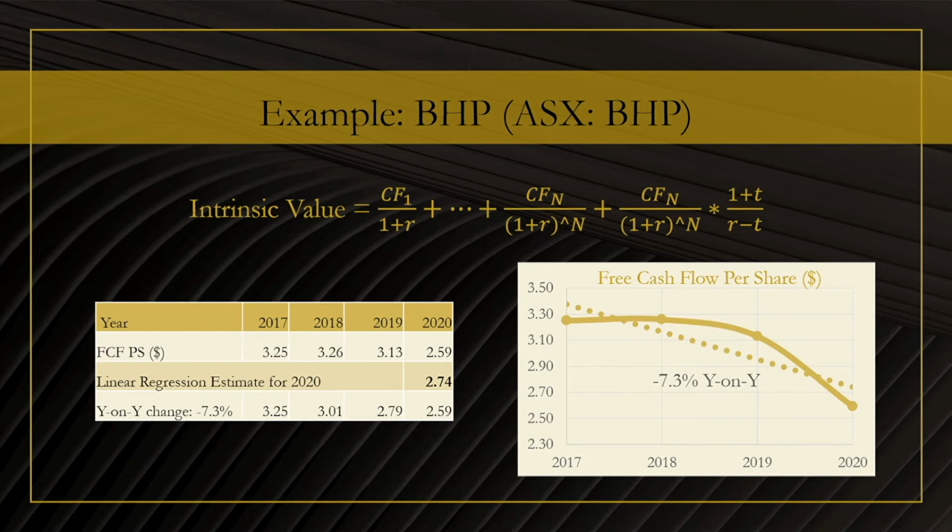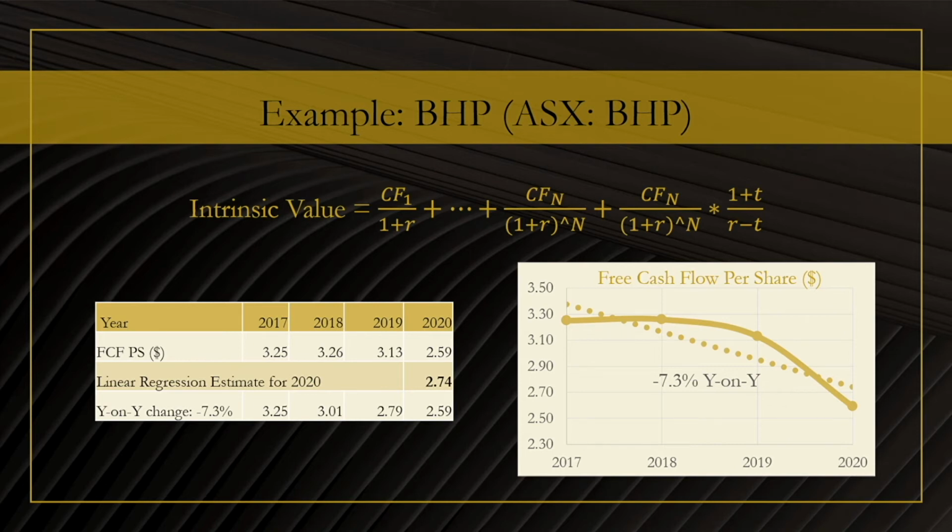Okay, let's now look at CF1. That is cash flow in 2021. So the idea here is to look at the trend over the last 4 years. Looking at the graph, we see that on average, the free cash flow has been going down by roughly 7% annually.